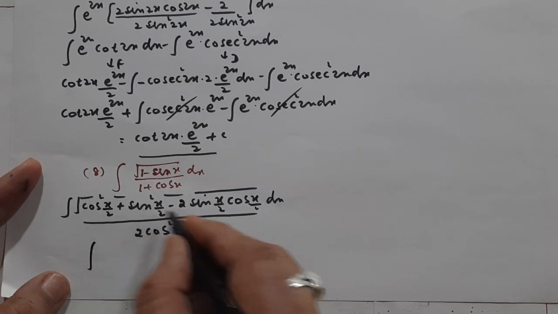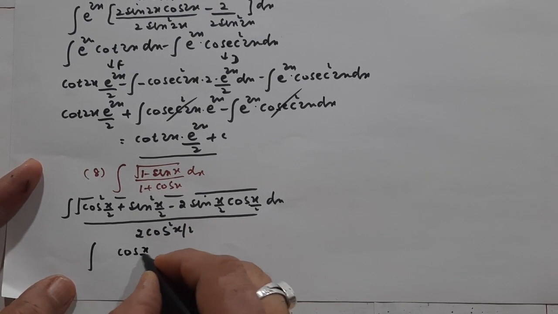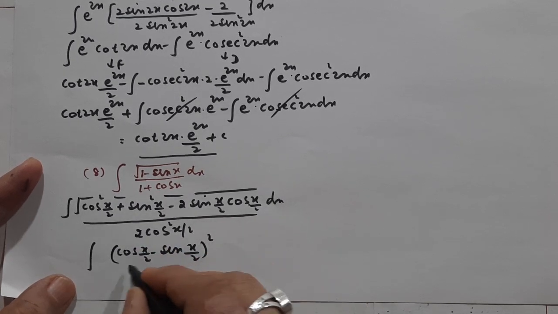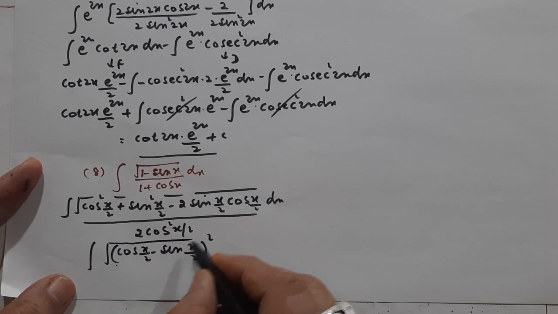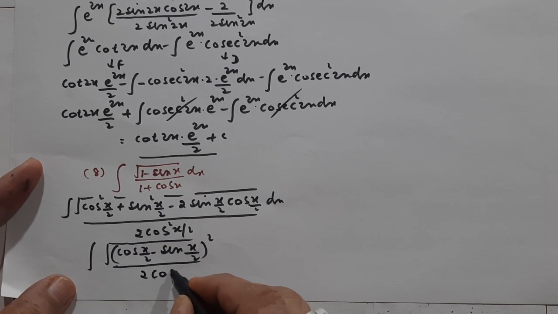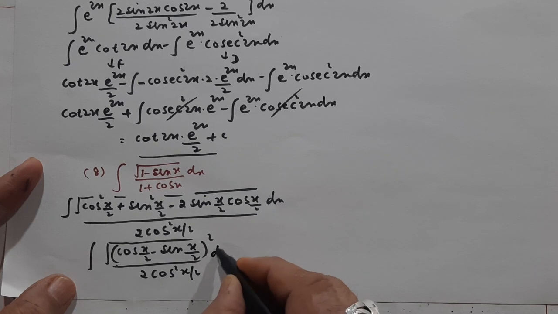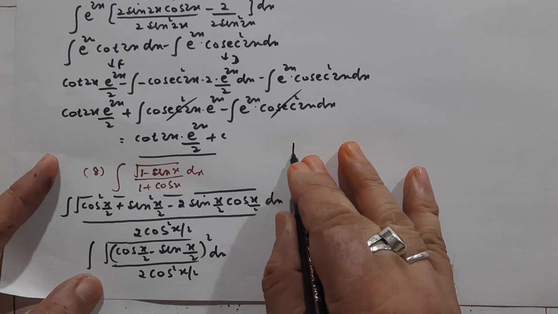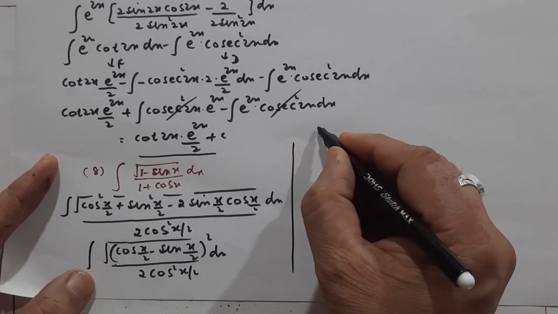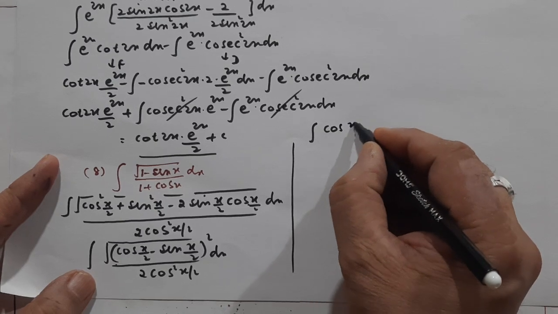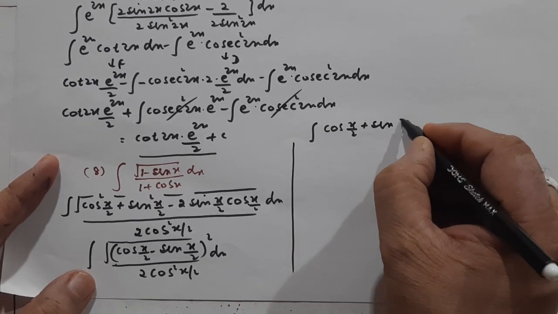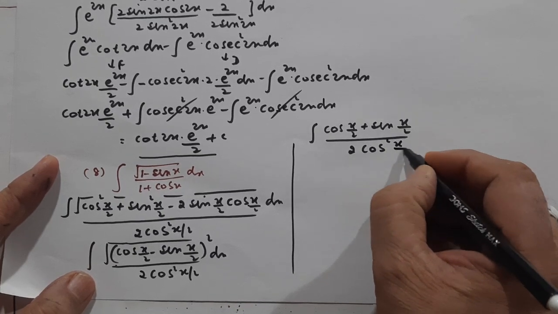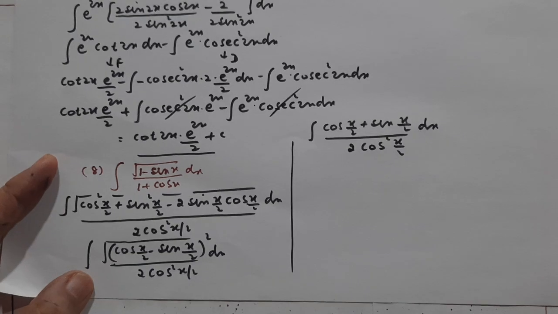So we can write this factor as under the root, cos x by 2 minus sin x by 2 whole square, upon 2 cos square x by 2 dx, like this. So here in the numerator we get cos x by 2 plus sin x by 2, and 2 cos square x by 2 dx. We are getting like this.